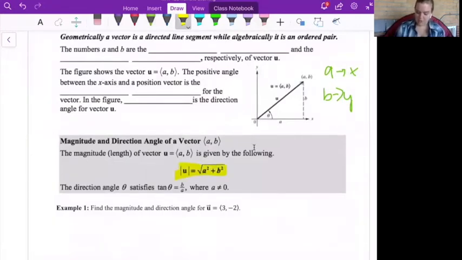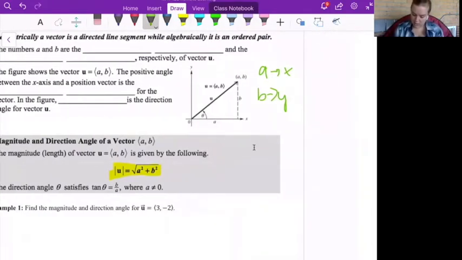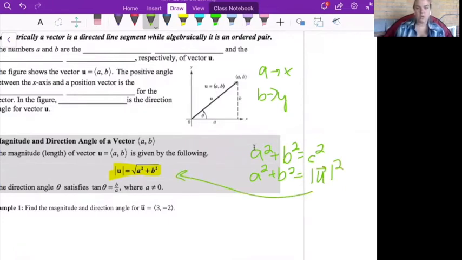So again, remember, magnitude is the length of the vector, and the length is just using the Pythagorean theorem, where it's a squared plus b squared equals c squared. And so then the c squared is really our magnitude, so it's like a squared plus b squared equals our magnitude squared.